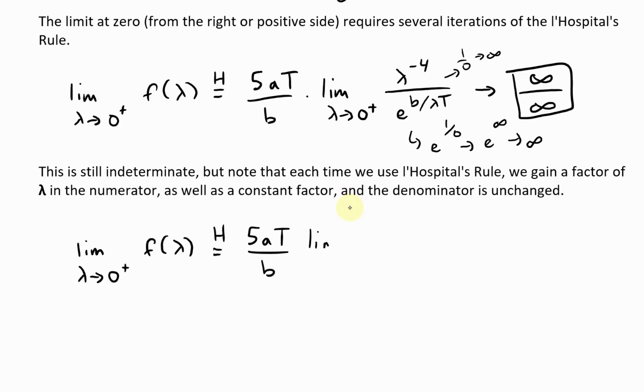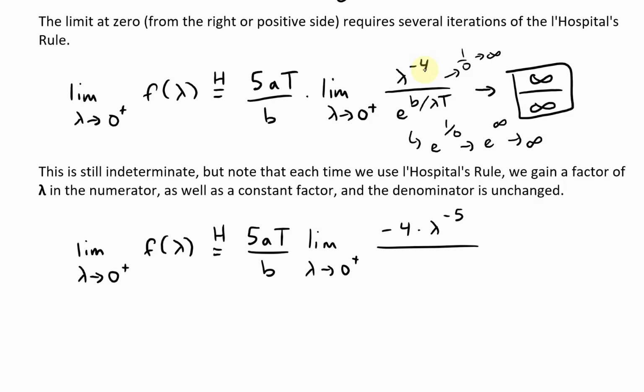Let's just solve the full derivative. So take the derivative of that. This is going to be the limit as lambda goes to 0 from the right side. This is going to be lambda to the negative 4. The derivative of that is negative 4 times lambda to the negative 5.